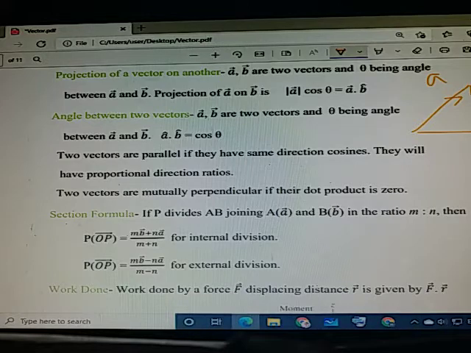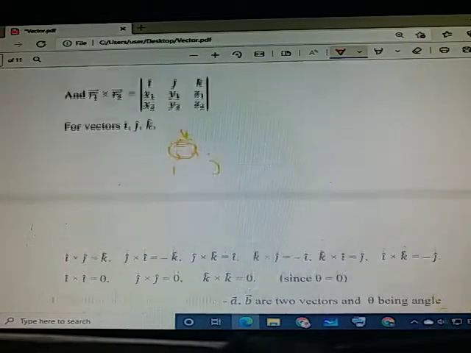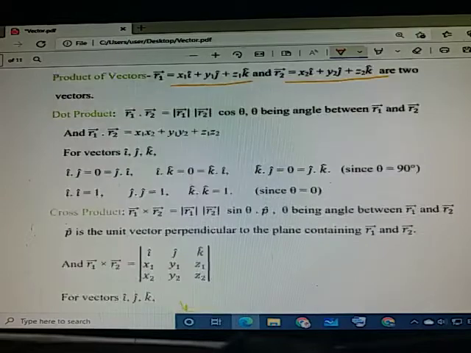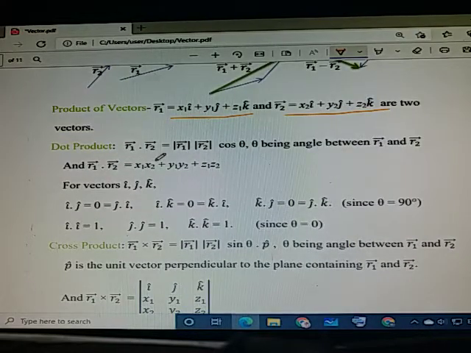A cos theta means A dot B; this is the definition of A dot B. We require only A cos theta.